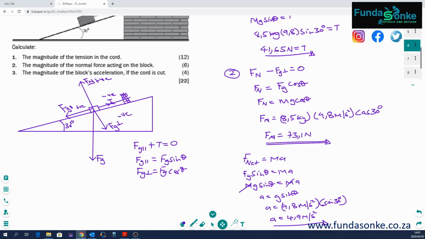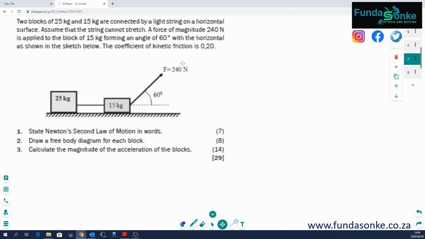Okay, so now I want to consider our next question, which is two blocks of mass 25 kgs and 15 kgs are connected by a light string on a horizontal surface. Assume that the string cannot stretch. Okay?